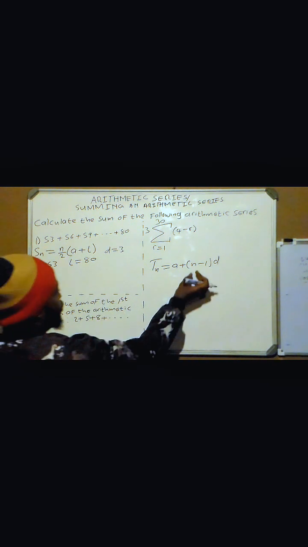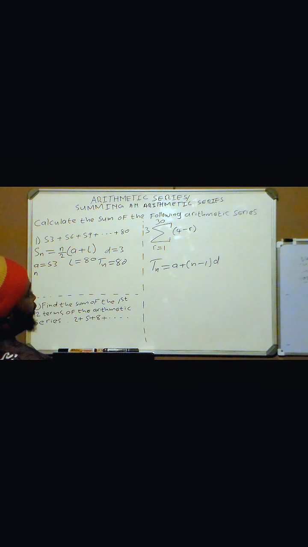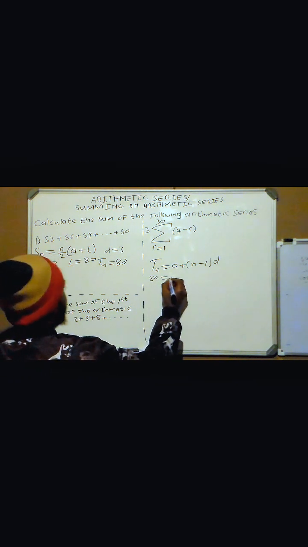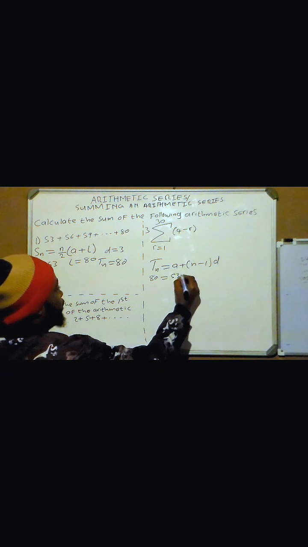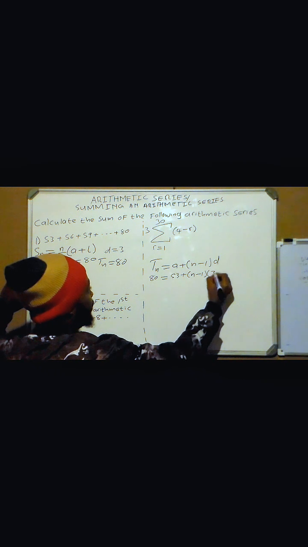So we can solve for the value of n. The Tn term is equal to 80, which is the last term of the series. So we substitute: 80 equals 53 plus n minus 1 multiplied by 3.